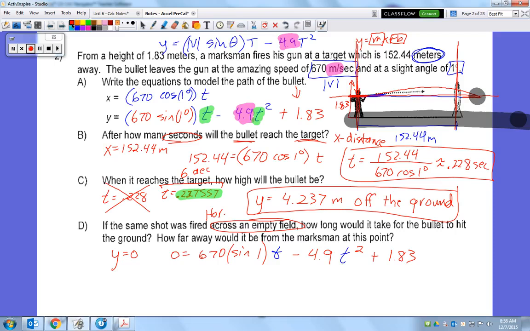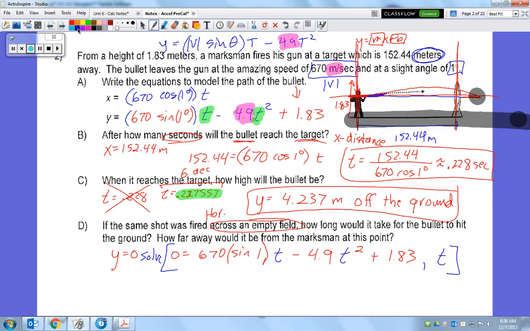Now, a little recap, or if you've never seen this before, I'm going to show you a quick way to find this with our cool calculators. Let me rewrite this so it's a little bit easier to read. I'm going to solve this equation here, and I'm going to solve for the variable t. So this is how I'm going to put it in my calculator. I'm going to put solve and then all that, and it should spit out the answer for me, okay?